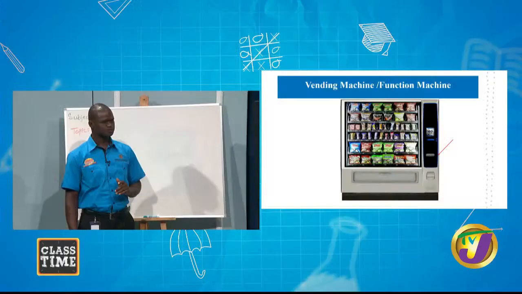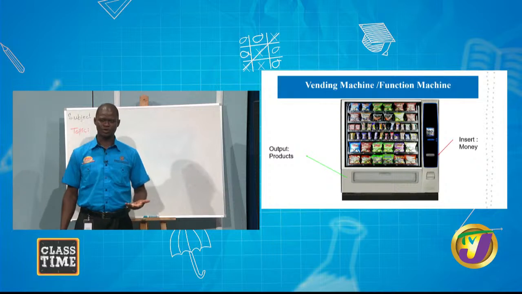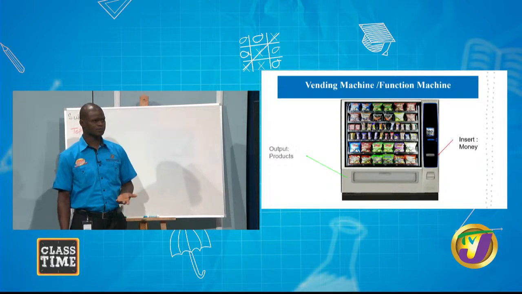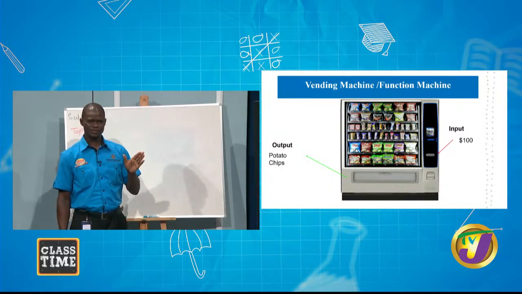For example, we insert some money into the machine, and we are expecting to get an output of some form of product. Let us say I input $100 in this vending machine. I am expected to get potato chips.